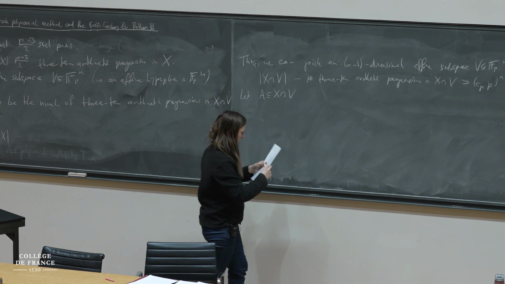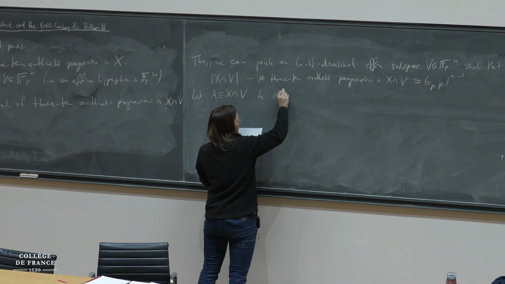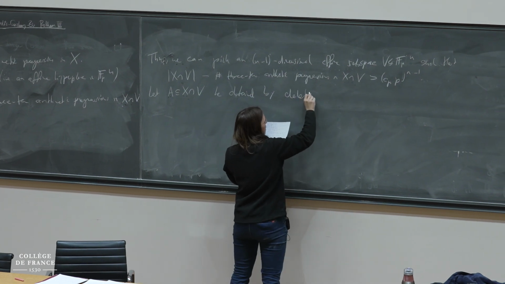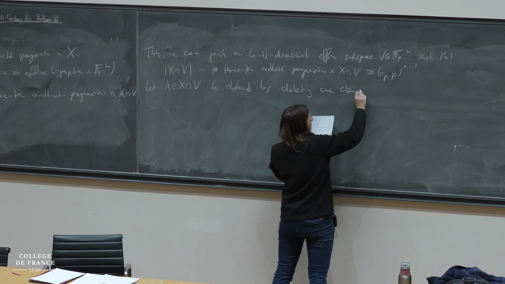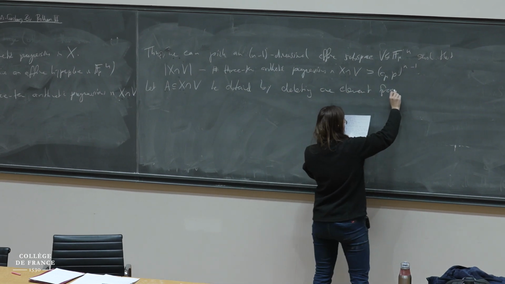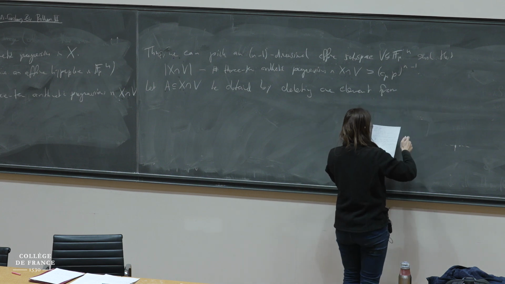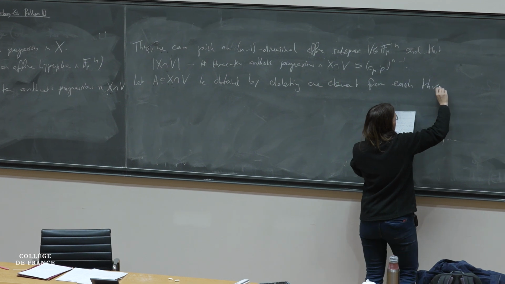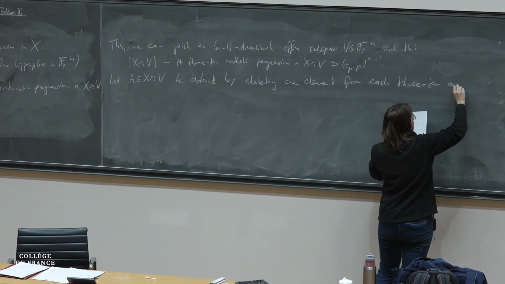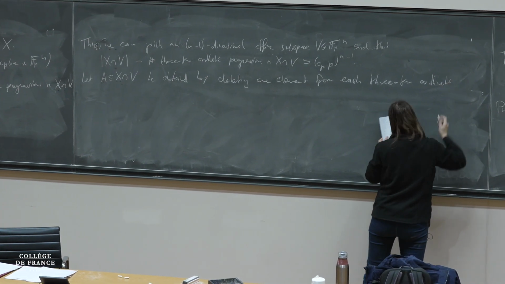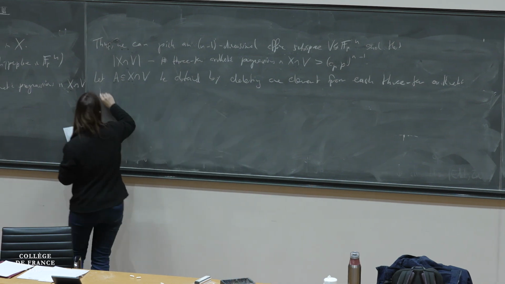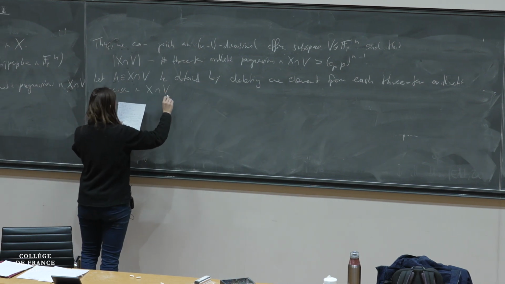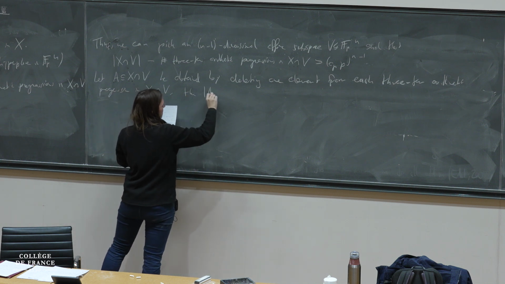So let A be obtained by deleting one element from each three-term arithmetic progression in X intersect V.